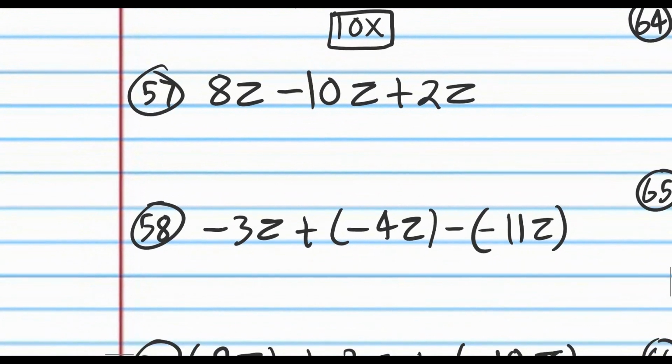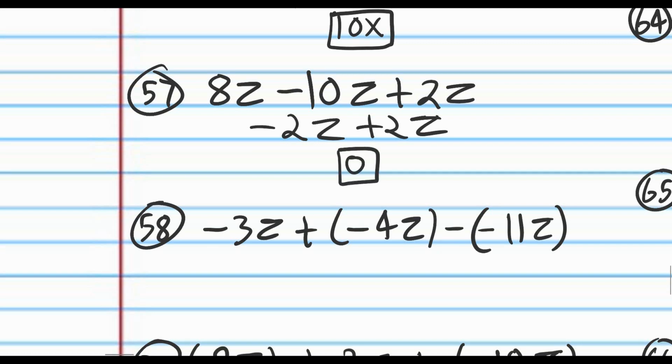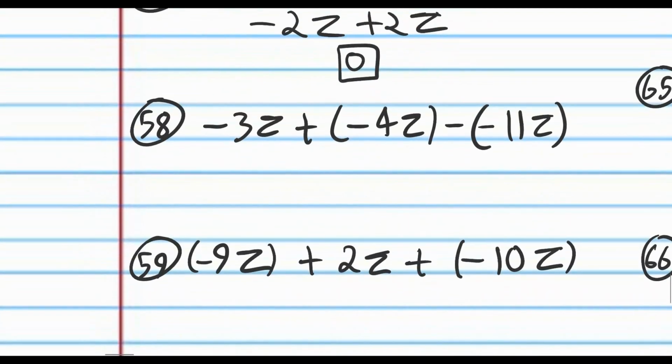All right, try numbers 57 and 58, and when you come back, we'll do them together. All right, we're back. So I got 0 for that one. If you got 0, good job. First step, I'm going to get rid of this double negative.